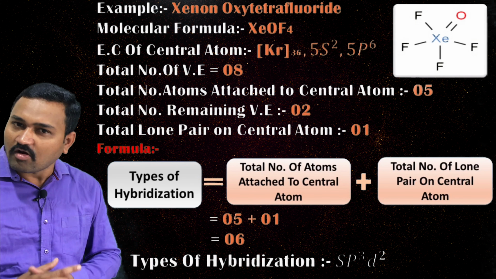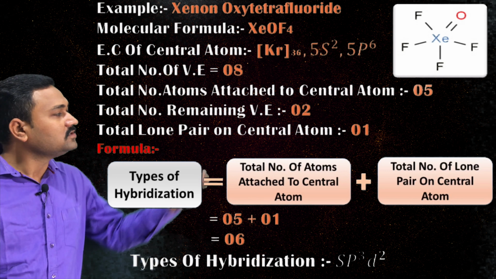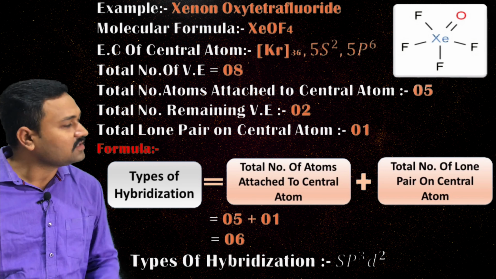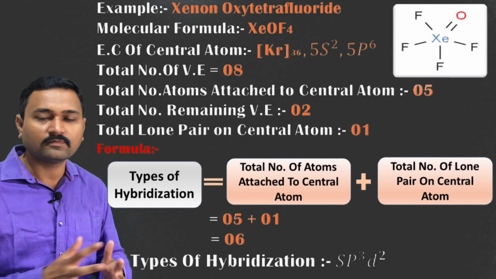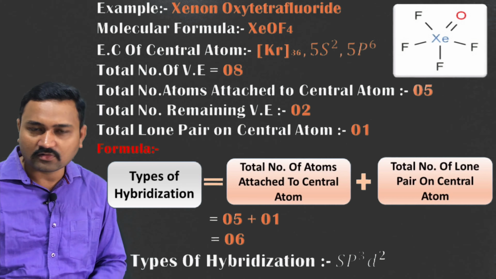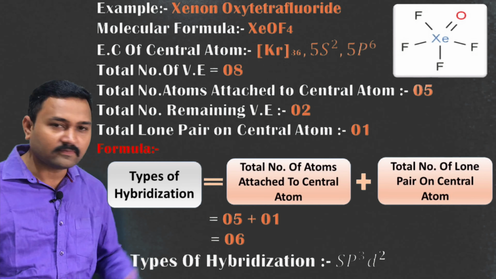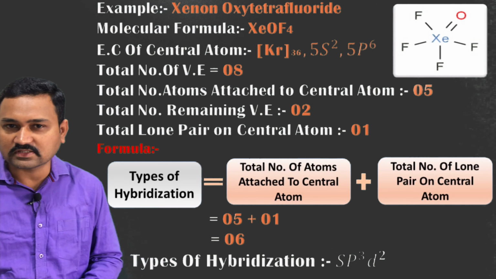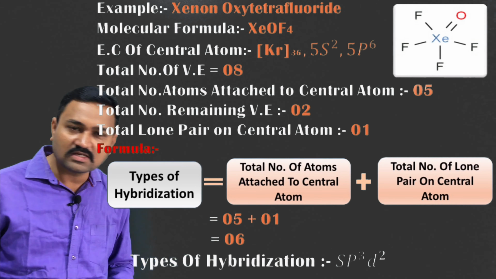So, in the xenon oxyfluoride molecule, the total number of atoms attached to the central atom, that is the xenon, is equal to 5, 4 fluorine plus 1 oxygen, while the total number of lone pairs of electrons on the xenon is equal to 1. Therefore, 5 plus 1 will be equal to 6. So, the number comes to be 6.